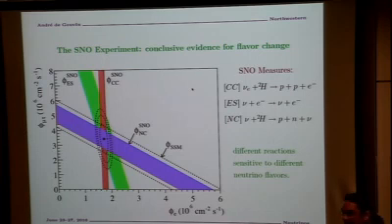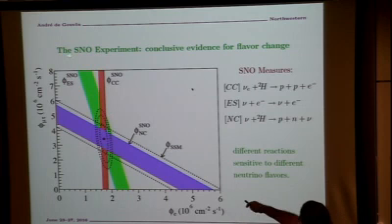Then you can do this scattering off of electrons. And that scattering off of electrons is mostly a measurement of this flux, but it receives a non-trivial contribution from that flux as well. So it gives you a line on this plot which has some angle to it. And you get this bar here, which is this green bar.